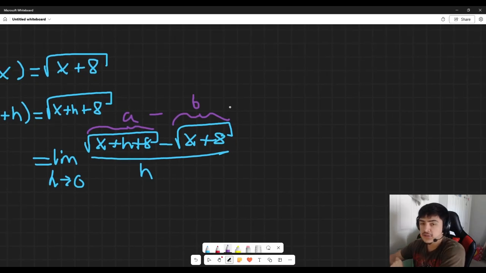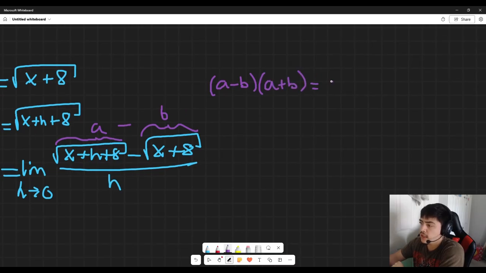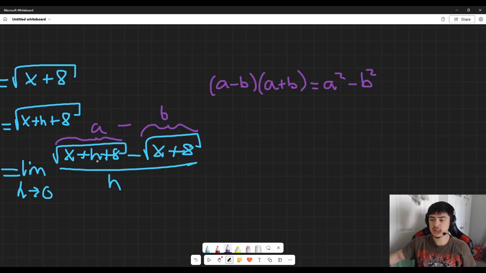And so the difference of squares formula says that if we have something in the form of a minus b times a plus b, we can rewrite that as a squared minus b squared. And this is helpful because our a and our b have square roots in them.